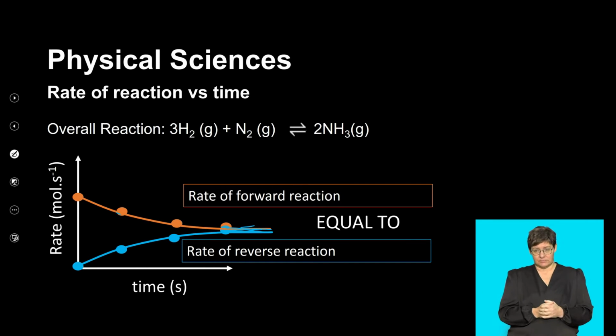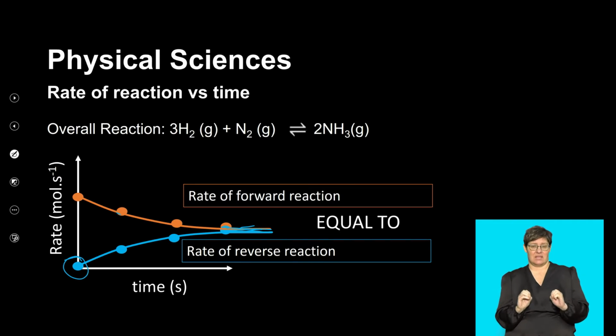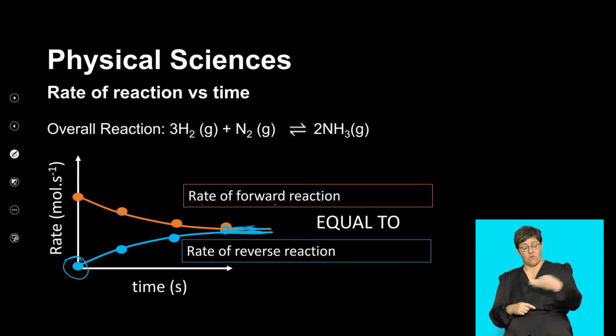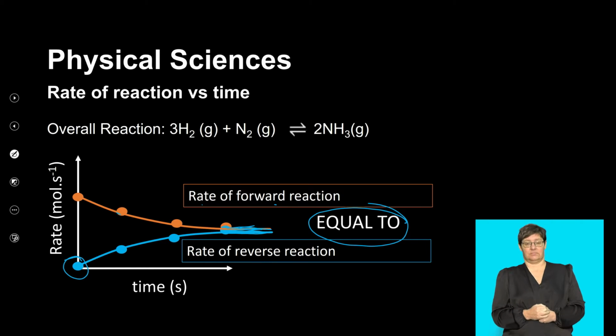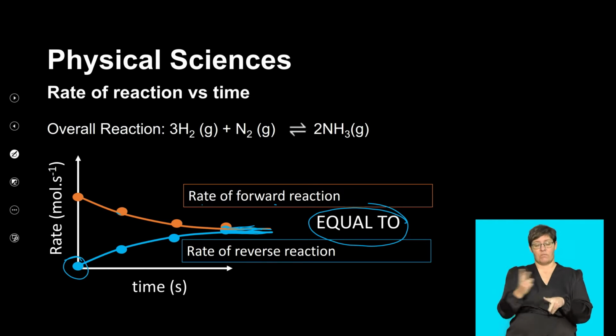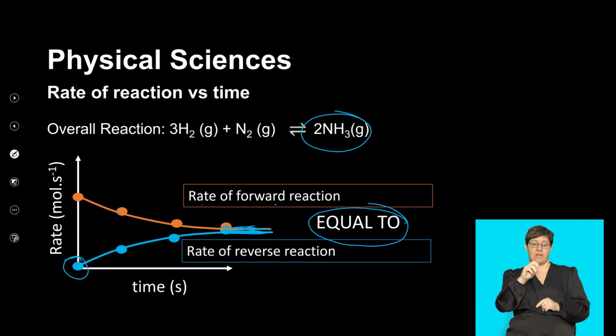For the reverse reaction at the beginning, there's no product, and as soon as it starts to get product, the rate becomes faster and faster until a point where these two lines are basically parallel, and at that point the rate of the forward reaction is equal to the rate of the reverse reaction.